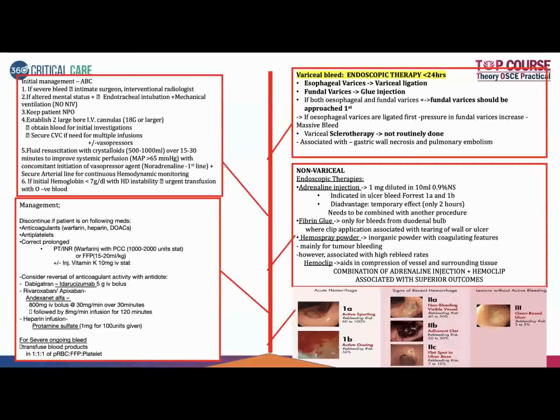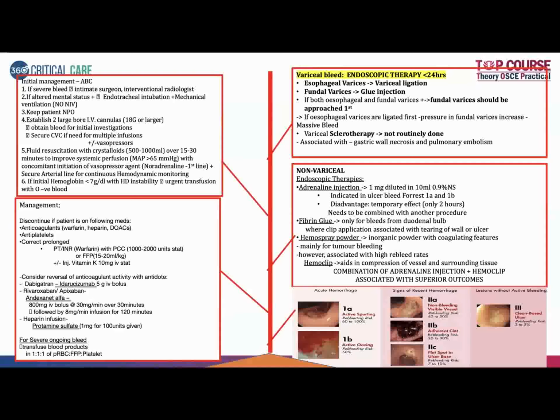For example, if it's 4 to 6, it will be at a certain value, units per kg. So you can give the prothrombin concentrate, then consider reversal of the anticoagulant activity with antidotes like dabigatran with idarucizumab 5 grams IV bolus, rivaroxaban or apixaban with andexanet alfa 800 milligram IV bolus followed by 30 milligram per minute over 30 minutes.